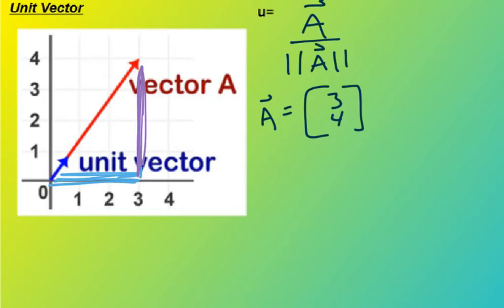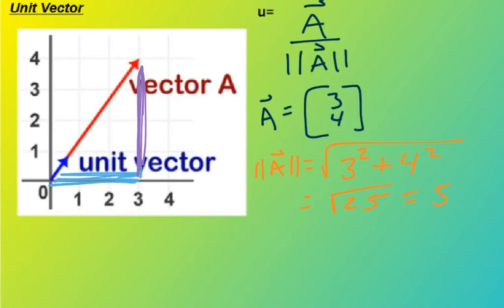So the length is 3 squared plus 4 squared, and the square root of that, which is 9 plus 16. So the square root of 25, which is 5. I made this one nice.